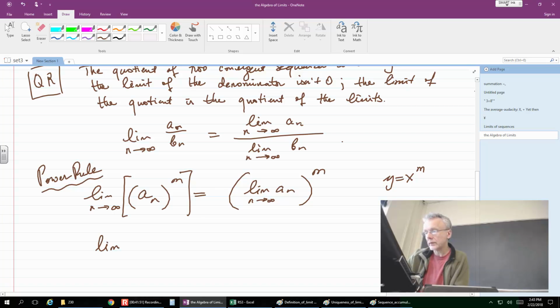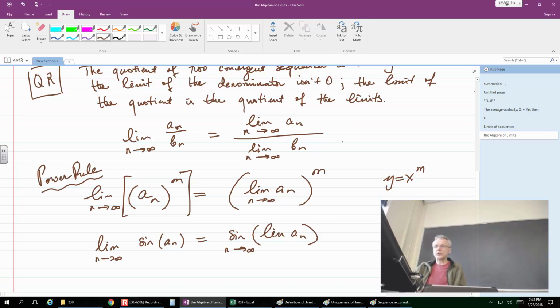How about the limit as n goes to infinity of sine of a_n is equal to sine of the limit of a_n as n goes to infinity. Once again, notice there is a limit and there is a function. In the first case, it is the power function. In the second, it's sine.